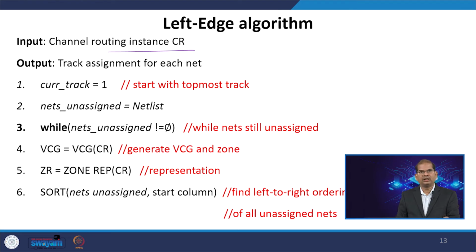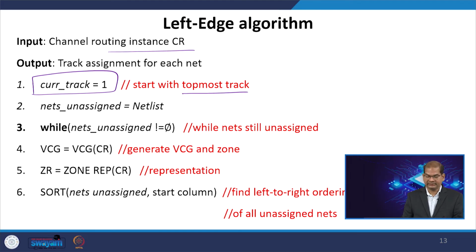The output is how each of the nets has been assigned to a track, basically the track assignment of all the nets. We will start with the topmost track, which is the current track. So, we will start with the current track, which is 1. Then we will consider all the nets that are not yet assigned.